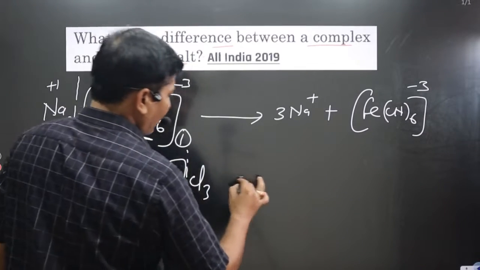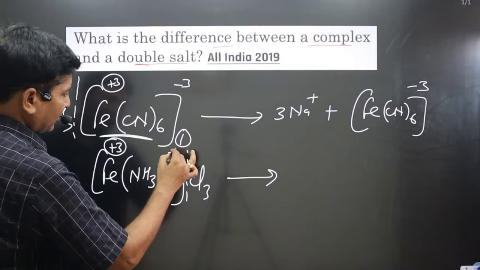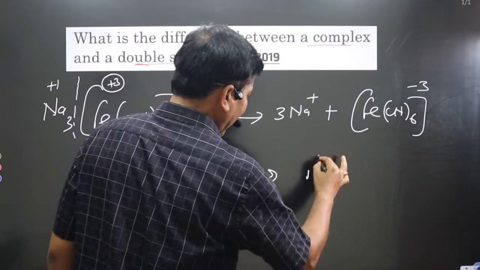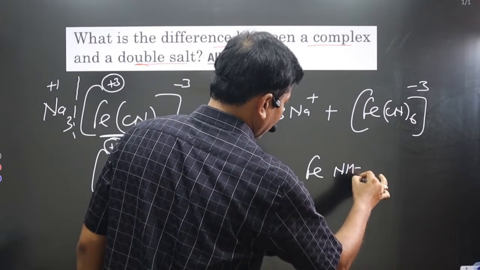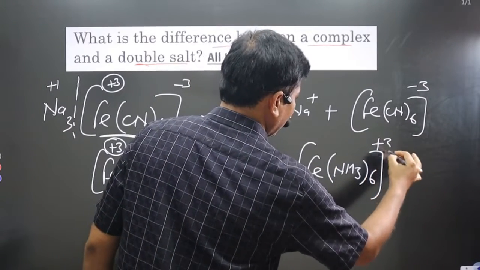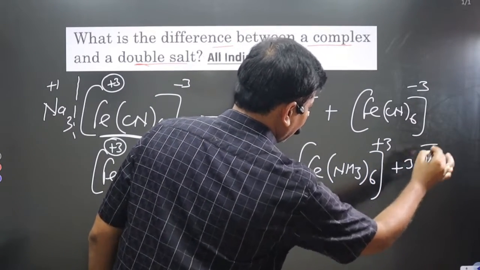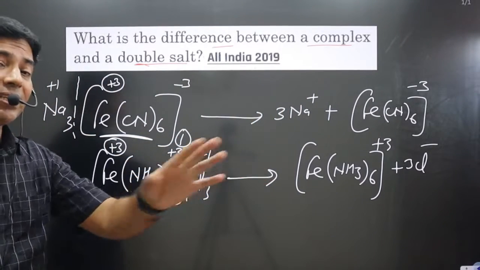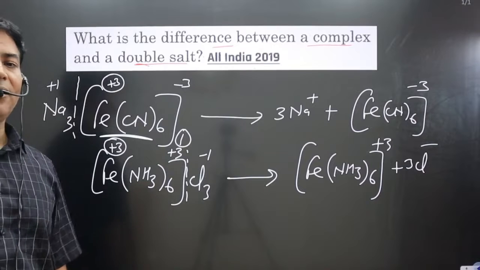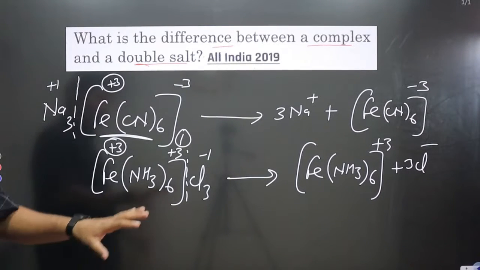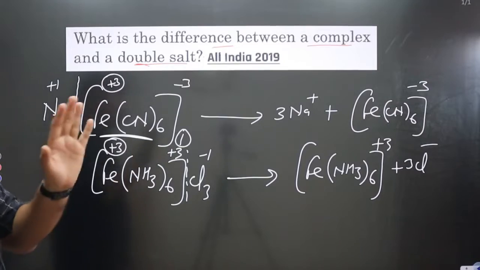Now 3 will go this side, it is +3, and 1 will go this side, this is negative. So we get [Fe(NH3)6]3+ and then we have 3 Cl- ions. It gives the positive test for the chloride ion, but it does not give the positive test for the ferric ion because it does not undergo dissociation. So this is the example of complex salt.